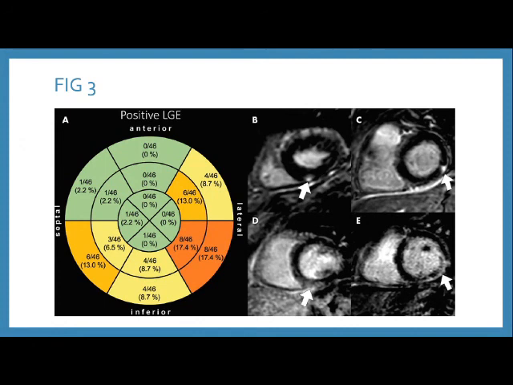These are representative examples of some participants with liver cirrhosis with positive late gadolinium enhancement. We have the distribution of the positive late gadolinium enhancement, or LGE, in the segments of the myocardium, predominantly affecting the infralateral aspects.